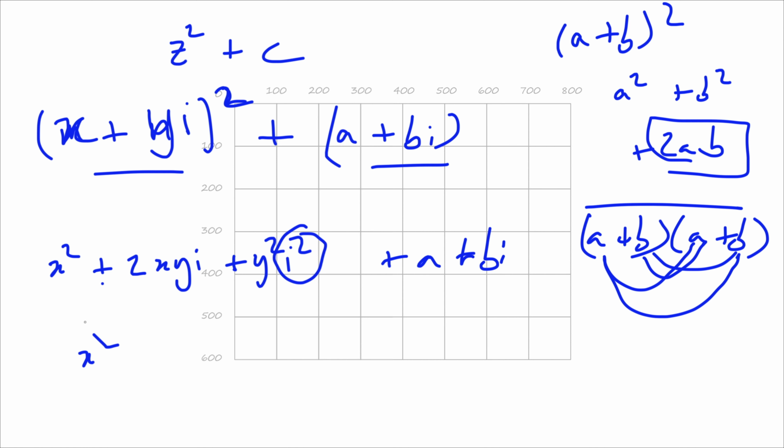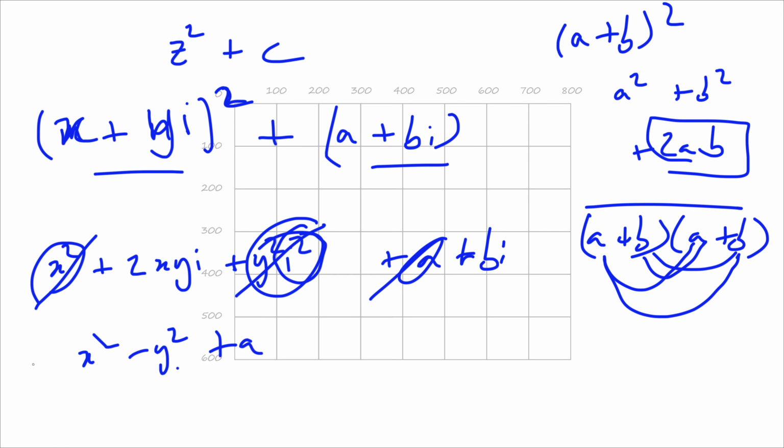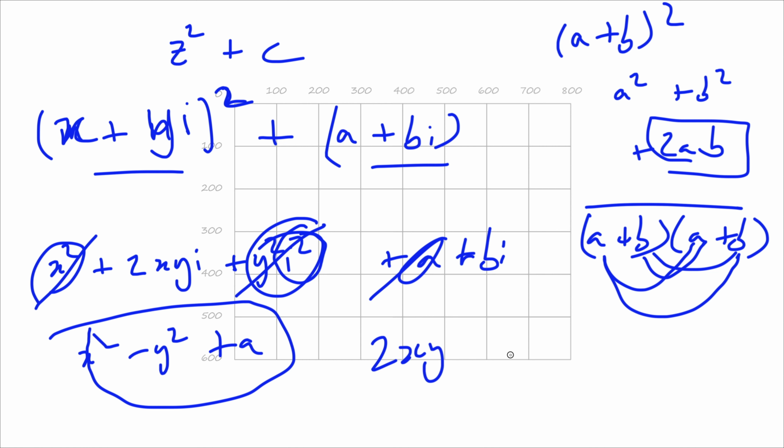So we've got x squared minus y squared, which is here. Let's cross them out. Got a plus a. Cross that out. So that's the real part. Now the imaginary part is 2xy plus b. Cross those out. And that's the imaginary part.